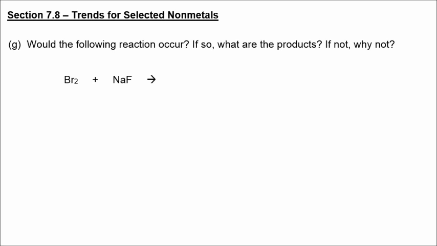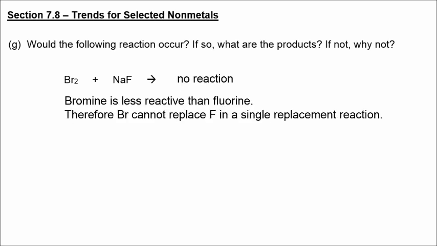Would the following reaction occur between bromine and sodium fluoride? Well, in order for bromine to replace fluorine, that would mean that bromine is more reactive than fluorine, but that's not going to happen. So bromine is less reactive than fluorine. Therefore, bromine cannot replace fluorine in a single replacement reaction.